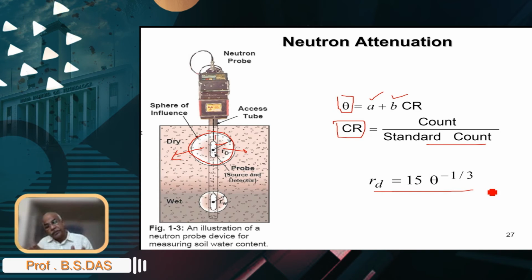Now, another thing is that because you need an aluminum access pipe to lower this probe to measure water content at different depths, if you go out to an agricultural field and have a bunch of aluminum access tubes installed, almost permanently, all agricultural operations become very, very difficult. Other than this, it is a radioactive source, so you also need certification to be a user.